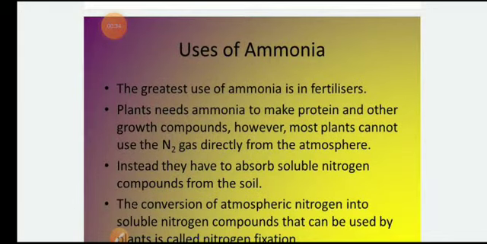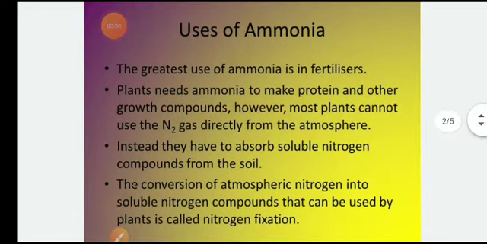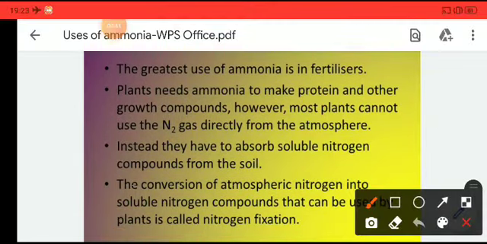When we talk about the uses of ammonia, the greatest use of ammonia is in fertilizers. Plants need ammonia to make protein and other growth compounds.